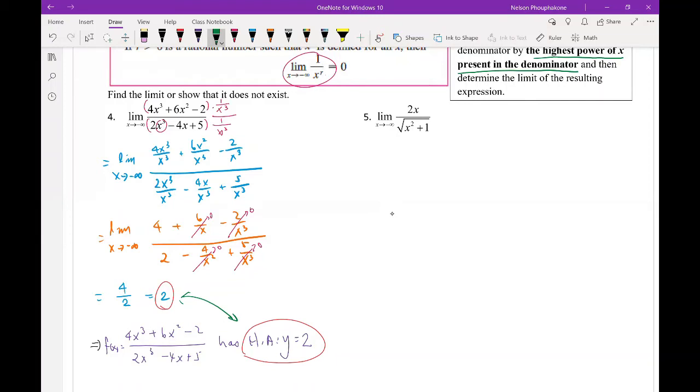Now for this number 5, you have to understand that when we have 1 over square root of x squared, remember that the square root of x squared is the absolute value of x. So remember this, and you could work out this problem then.